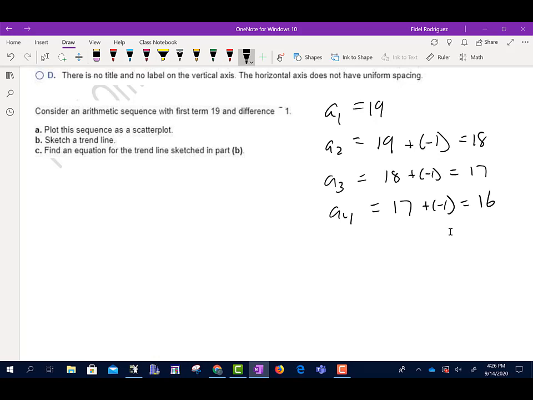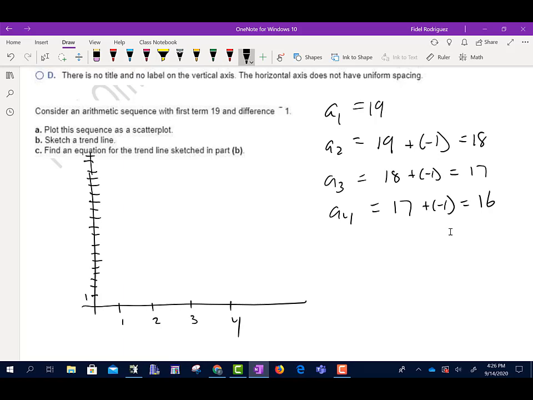Okay, so it says plot this sequence as a scatter plot. So I'm going to draw my number line looking like this, and I'm going to go 1, 2, 3, 4, and I got to go all the way up to 19 at least, right? Okay, so let me see if I can do this nice and neat. 1, 2, 3, 4, 5, 6, 7, 8, 9, 10, 11, 12, 13, 14, 15, 16, 17, 18, 19.